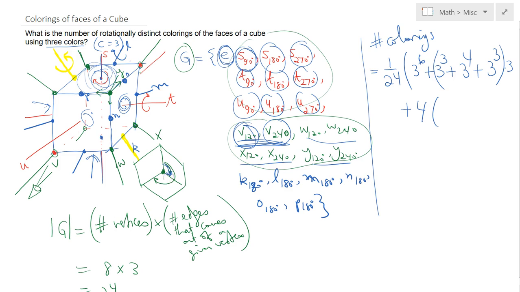When we rotate a space diagonal by 120 degrees, this face goes to here, this face goes to here, but these are 3 of the faces adjacent to that vertex. They will create another cycle, so in total we will have 2 cycles. The same thing will apply to the 240 degrees. This face will go counterclockwise to this one, to this one, to this one. Again, 2 cycles, and boom.